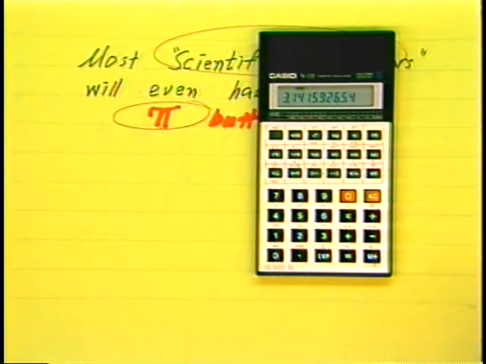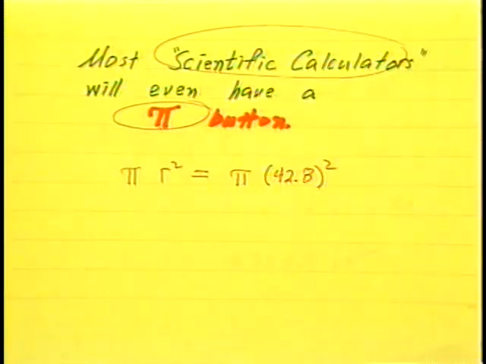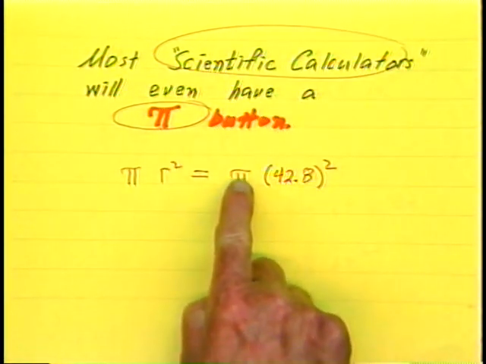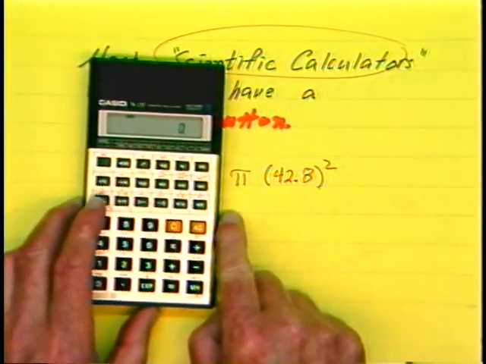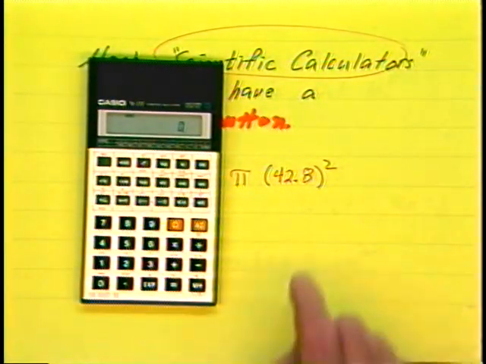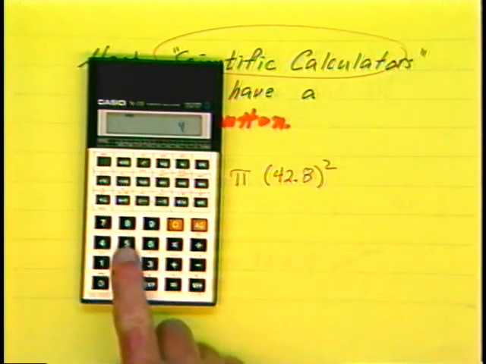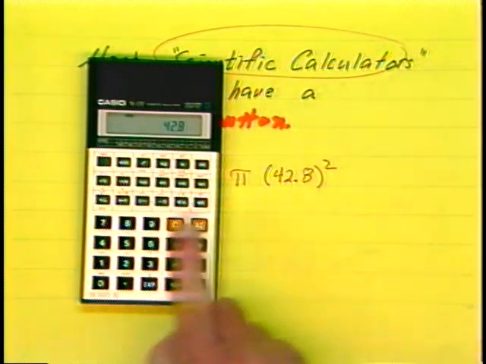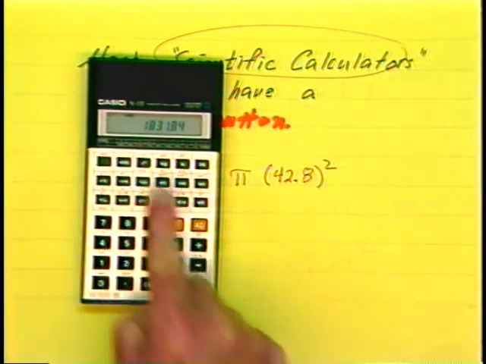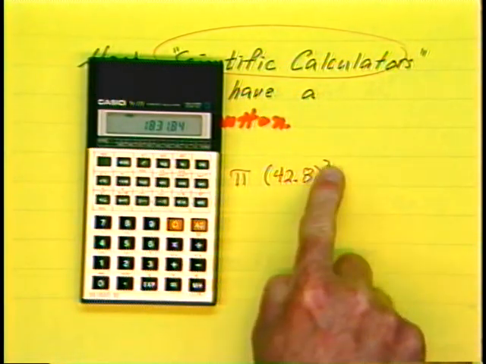So looking back at our last problem, it turns out it's not even necessary for me to write the number value for pi down on paper because it's already in my calculator. So now I hit the 42.8, and now I'll hit the square key, which remember was up here. So now it's squared.